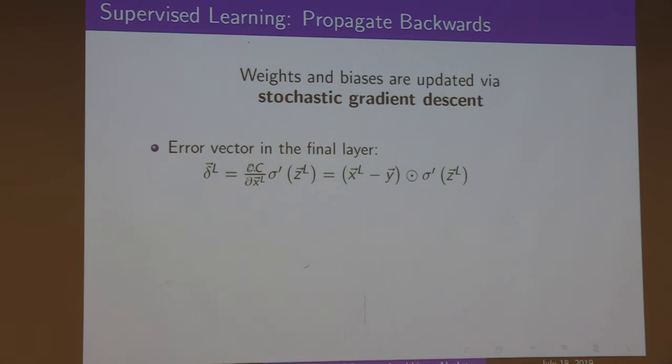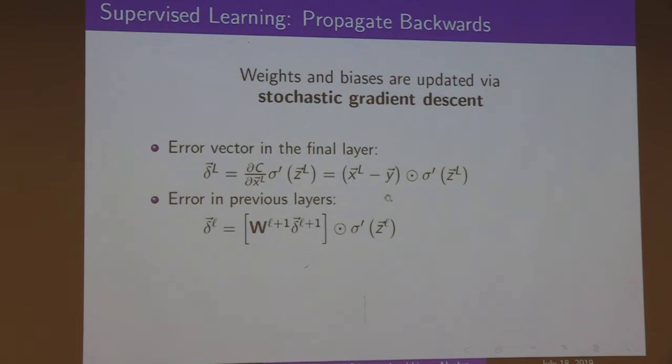First, for the final layer, you're calculating it this way. You're looking at the difference between the true value and the calculated value, and you're doing this Hadamard product based on this output vector here. And this is just the derivative of the sigmoid function.